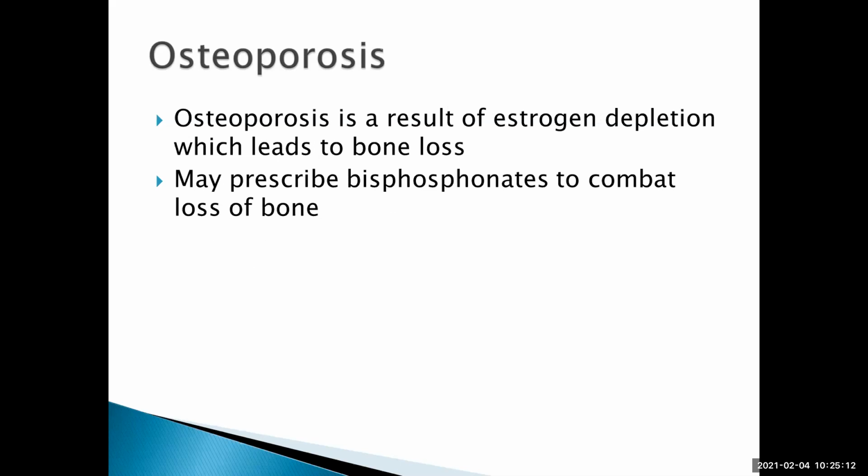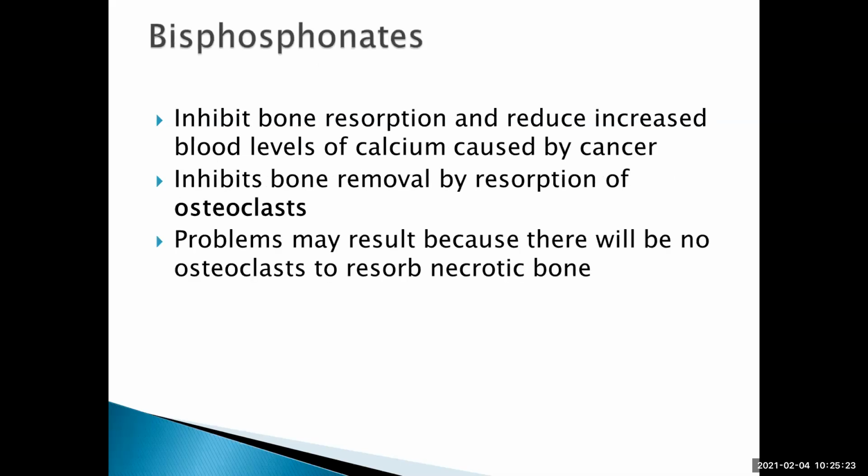It's just sitting there. So patients that are on bisphosphonates have a propensity for some jaw necrosis, right? And again, it's the inhibition of those osteoclasts. They don't resorb the necrotic bone.